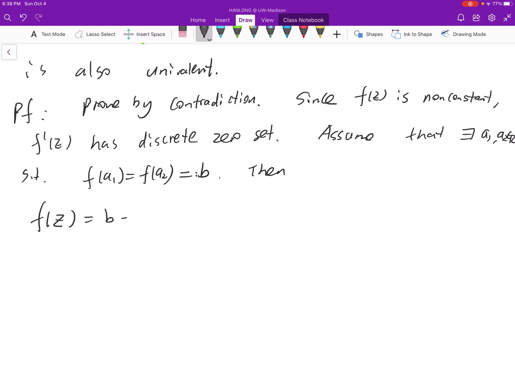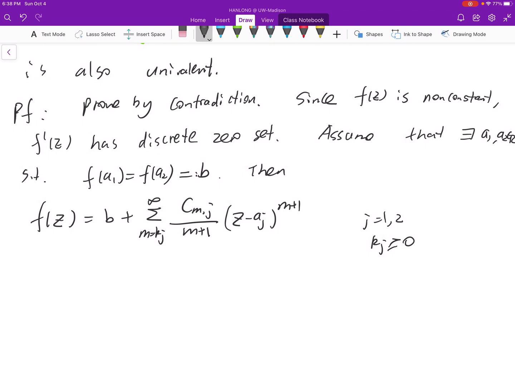Expansion: summation over m equals kj to infinity of cmj times (z minus aj) to the m plus 1. Here j is 1 and 2, kj is greater than or equal to 0, and cmj is different from 0.